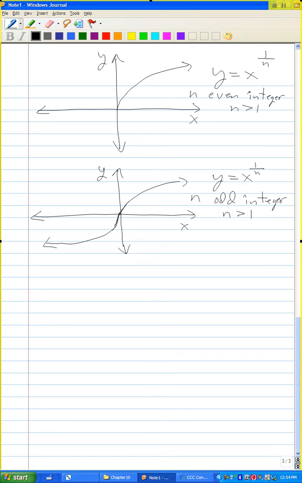Now, if you have y equaling x to other values of n, they'll look very similar. You just have to sort of merge these pictures. So for fractional exponents, they'll basically just sort of be the transition from each integer value to the next integer value.